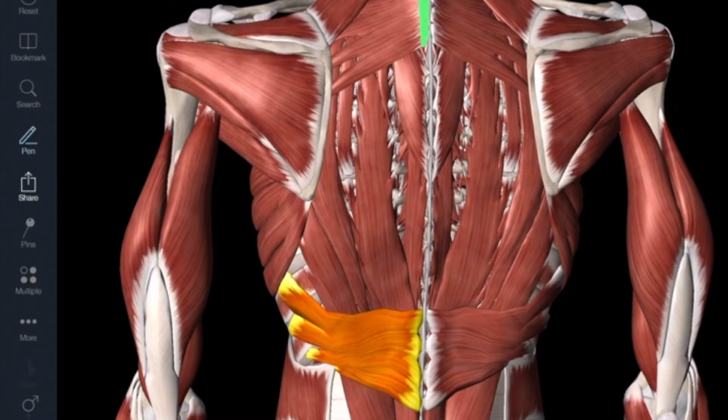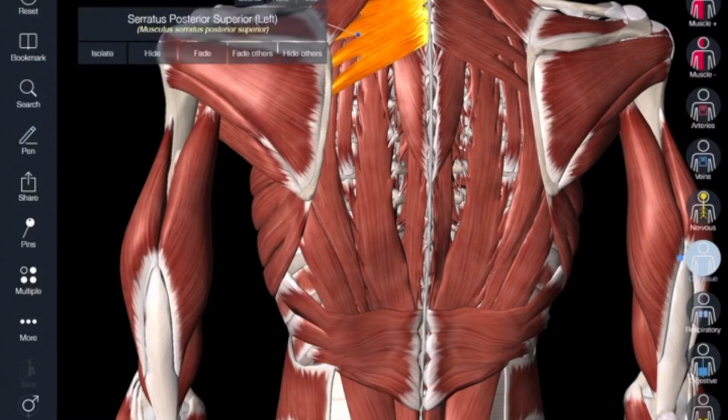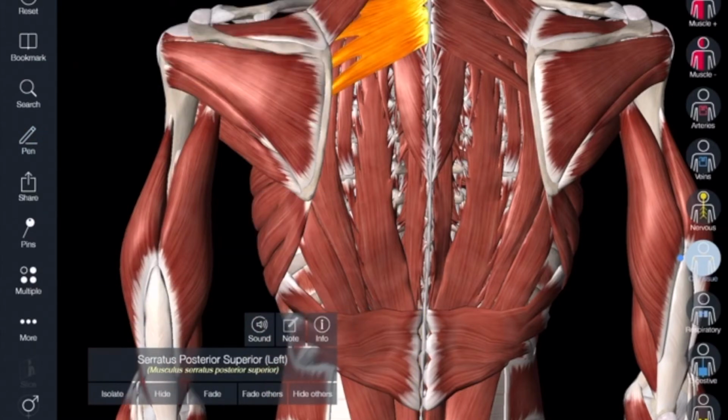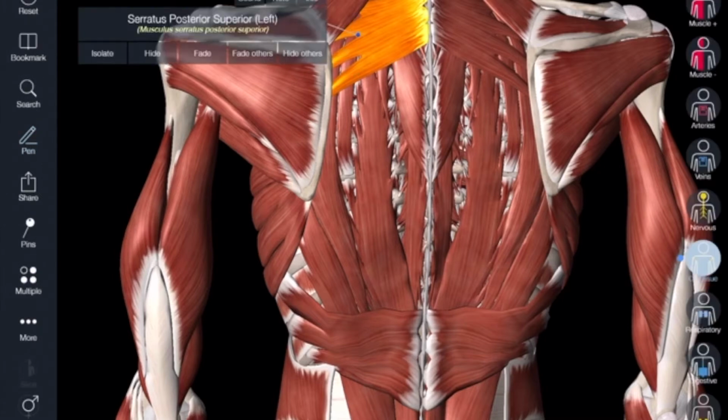That's serratus posterior superior, so let's indicate that one. And then it goes to ribs 2 through 5. Okay, so rib 2, 3, 4, 5. So that is serratus posterior superior.